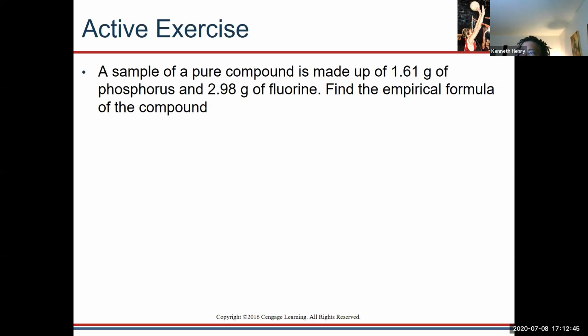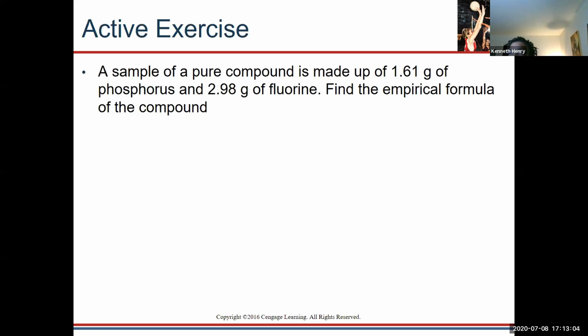Find the empirical formula of the compound. I'm going to go through this one first, and then we'll go through a couple together.